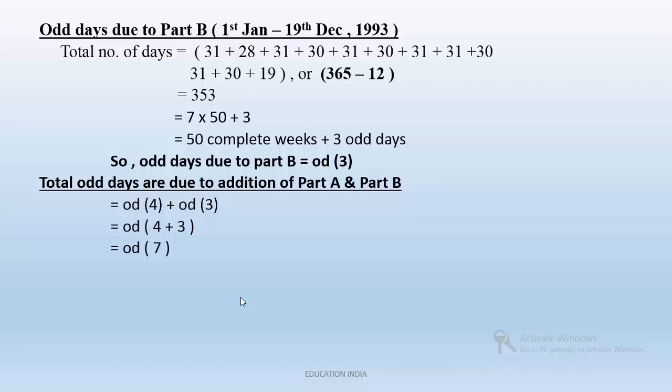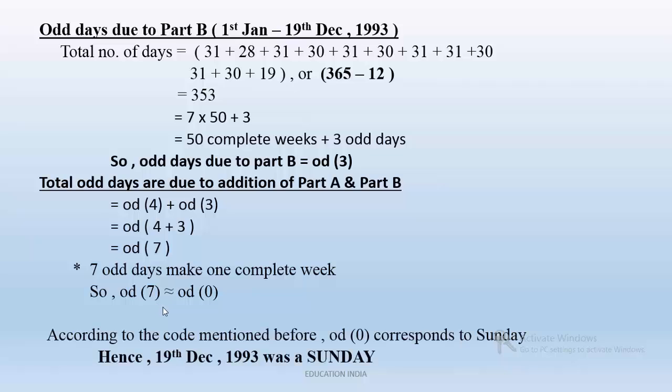Since 7 odd days make one complete week, 7 odd days are equivalent to 0 odd days. According to the code mentioned before, 0 odd days corresponds to Sunday. Hence, 19 December 1993 was a Sunday. This can surely be verified from a calendar.